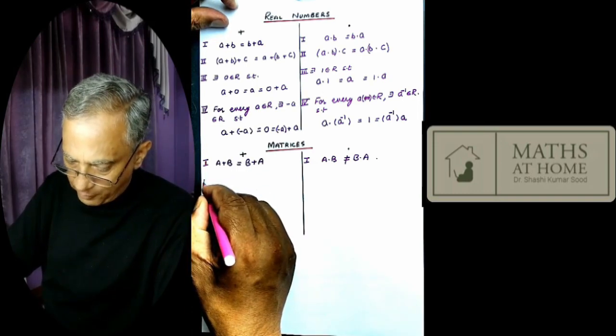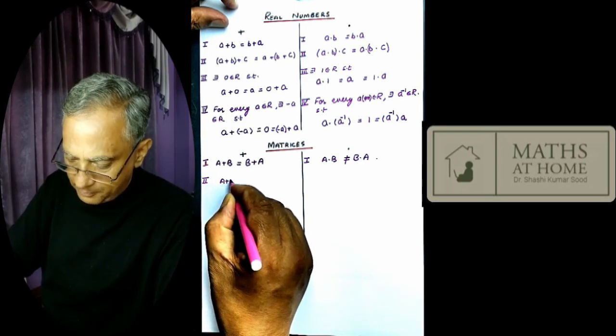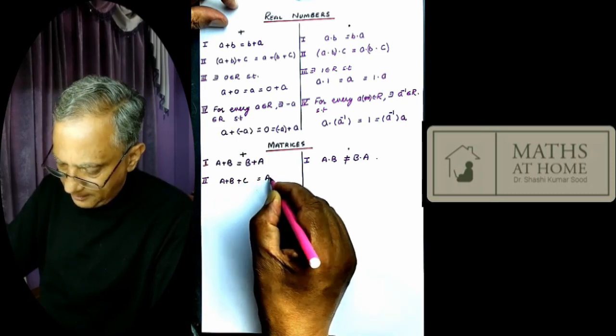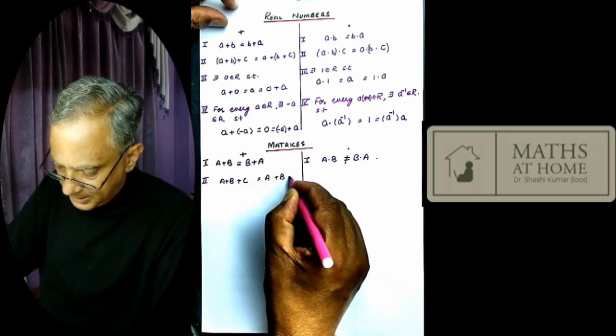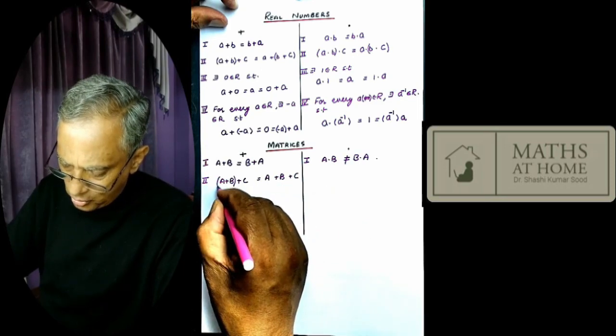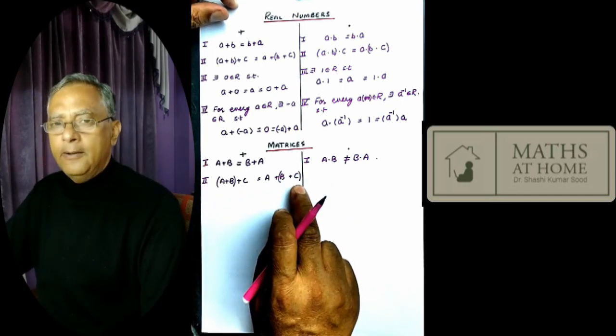And second property is associativity. A plus B plus C is equal to A plus B plus C. If we associate these two or we associate these two, the result is same.